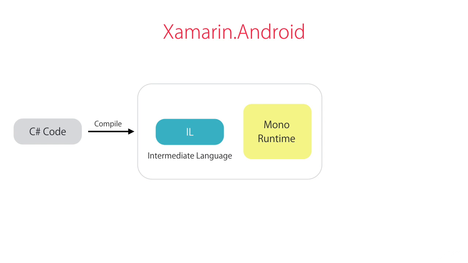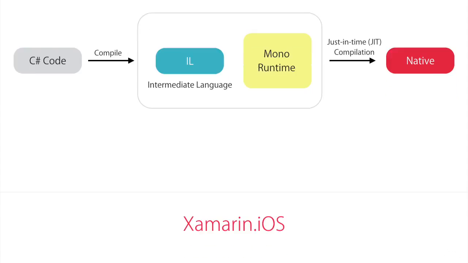So when you launch an Android app, this runtime is loaded into memory, and then it gets your IL code and compiles it to the native code for Android. And this process is what we call just-in-time compilation or JIT. This is the same mechanism that is in place when you build a regular .NET application with C#. When you build a console, desktop, or web application, the same magic happens.